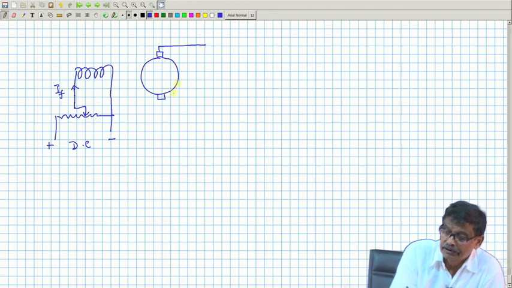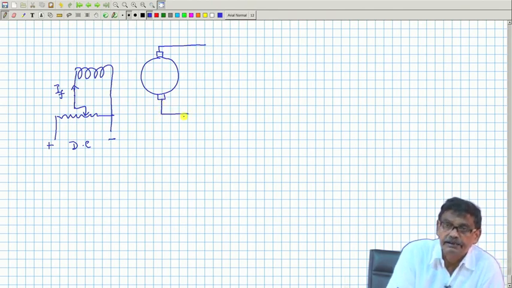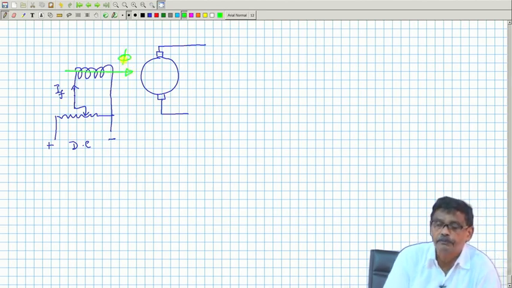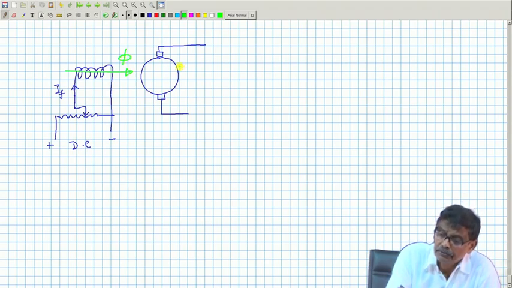Now, here what I am telling, of course, there will be a generated voltage. Suppose the flux per pole produced is phi. Phi is the flux per pole. And suppose you are driving the machine at 10 RPS, suppose in this direction.